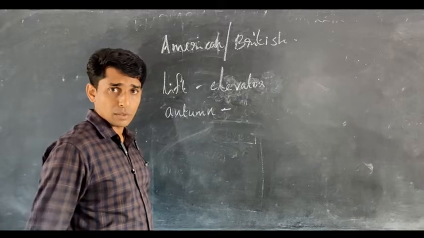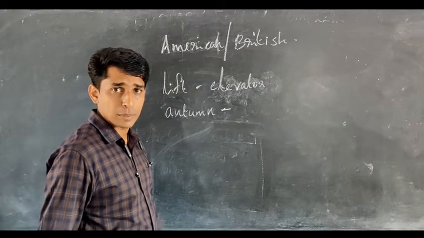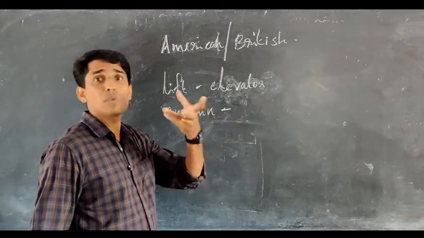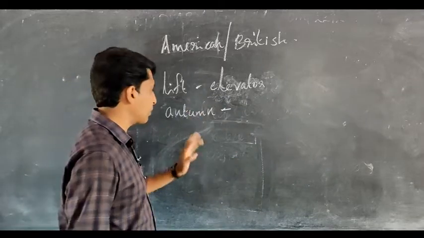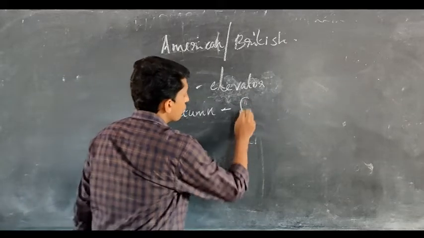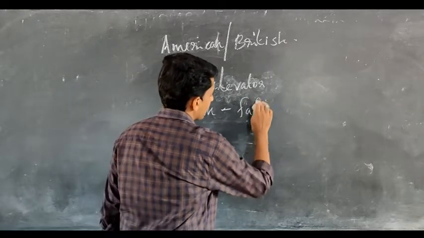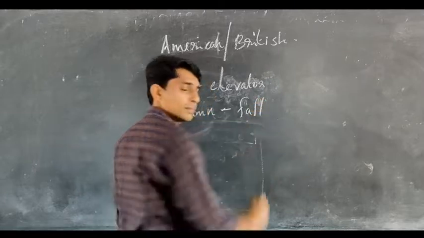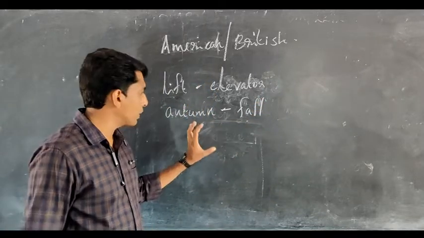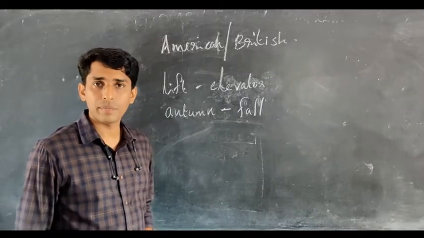Spring, and autumn is coming after spring. When the flowers are changed into fruits, the autumn season. That is British English. In America, they use the word fall. F-A-L-L. Fall is the word used for autumn in America.